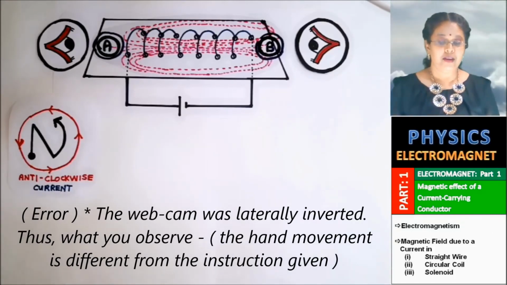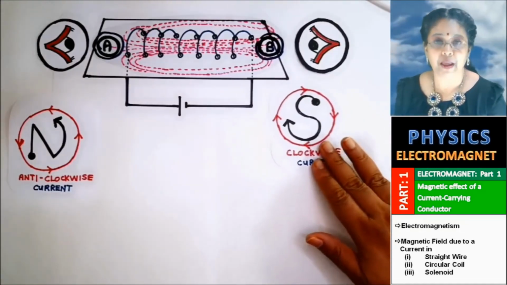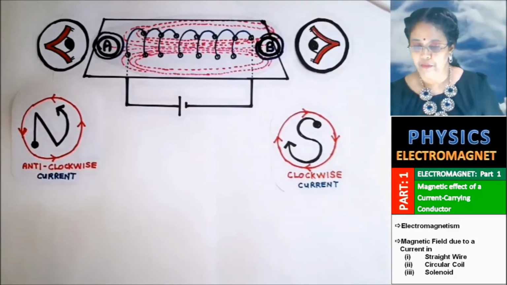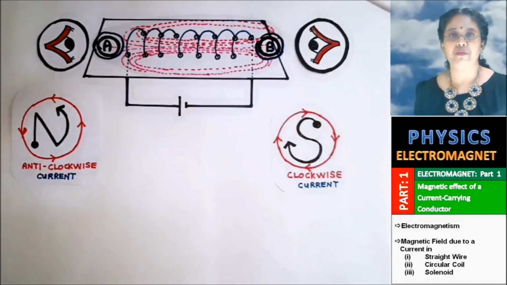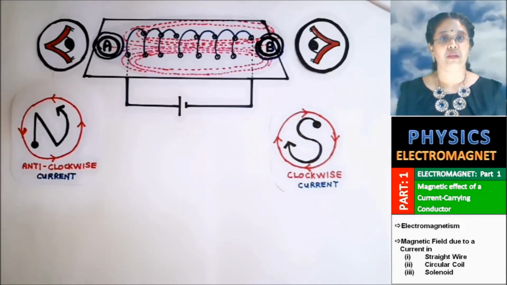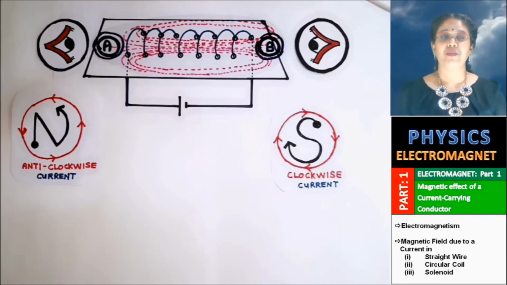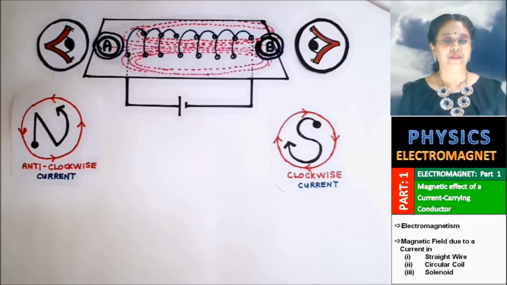Therefore, a clockwise direction is represented by south polarity. So I can say that when I view it from A it is north, while when I view it from B it is south. We also must understand that the two ends of the solenoid are two opposing magnetic poles.